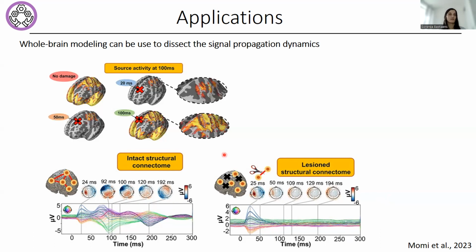And then in the figure below here, you can see how, when the structural connectome is lesioned, the neural activity of the brain is completely altered, and we do not get as much activity. So this really shows how lesions in the structural connectome can affect the neural activity of the brain and the brain dynamics, all this using a whole brain connectome neural mass model, whole brain model.